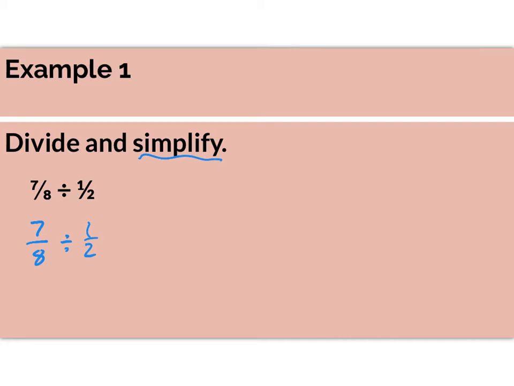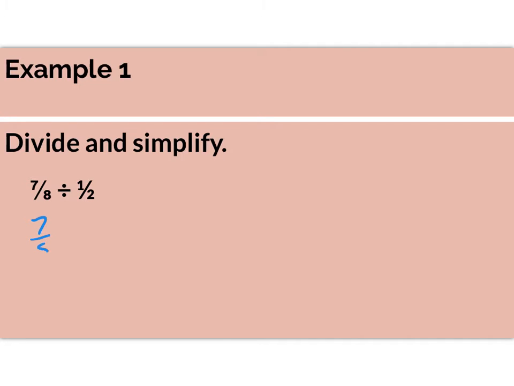Well, when you divide fractions, and we know that division and multiplication are opposite steps, the reason why we have to invert the fraction is this. With 7/8, the front one always stays the same, the dividend. We change the division to multiplication, and then the second fraction gets flipped upside down. So now this becomes 7/8 times 2 over 1.